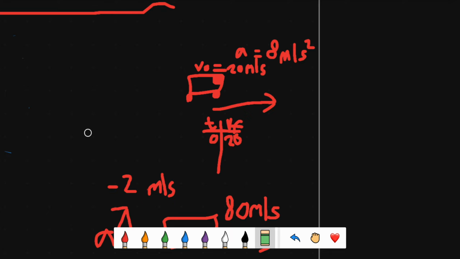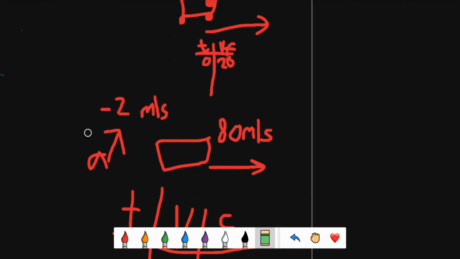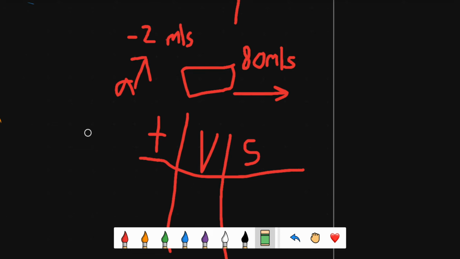Since the acceleration is 8 meters per second squared, 1 second later it will probably be 28 meters per second. Or something like that. Might be wrong on this one.